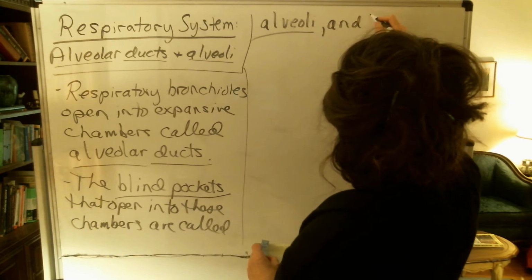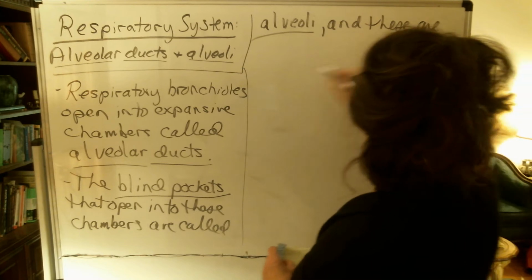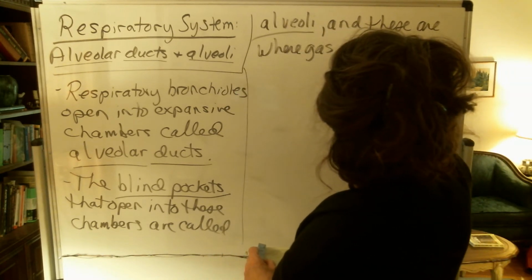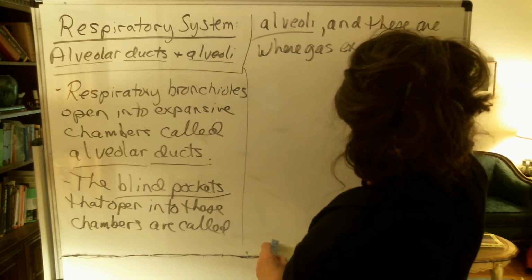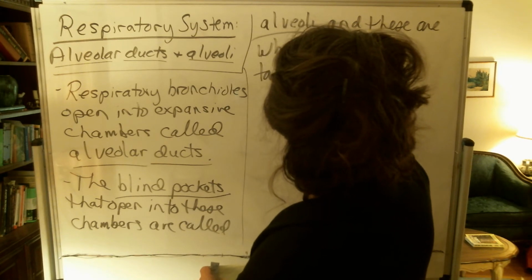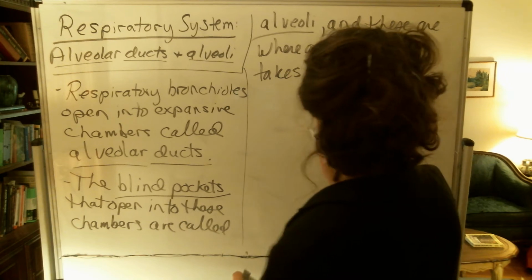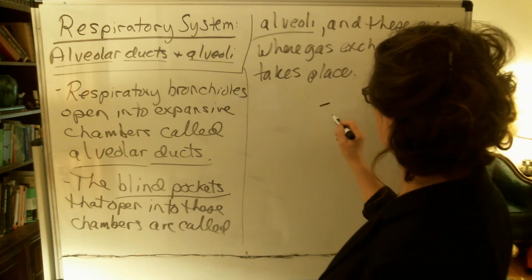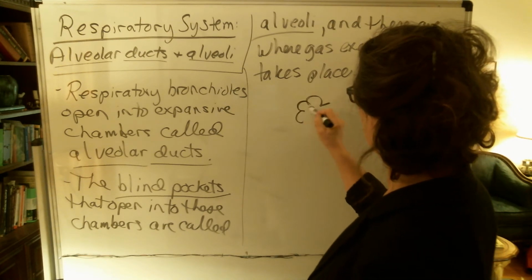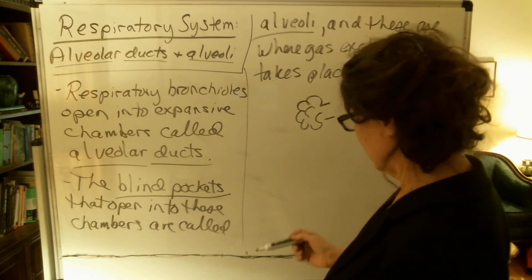and these, the alveoli then, are where gas exchange finally takes place. So we have these chambers then, and then off of them we have all of these little bubbles, like so.